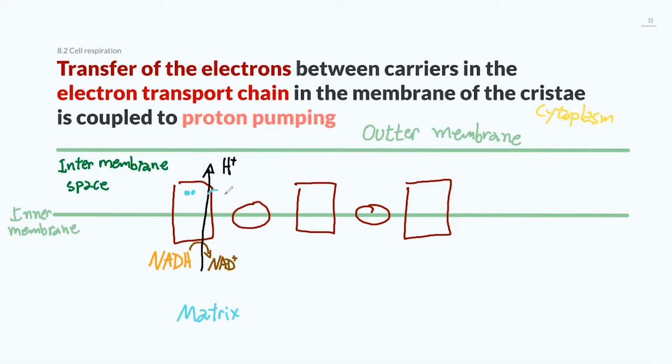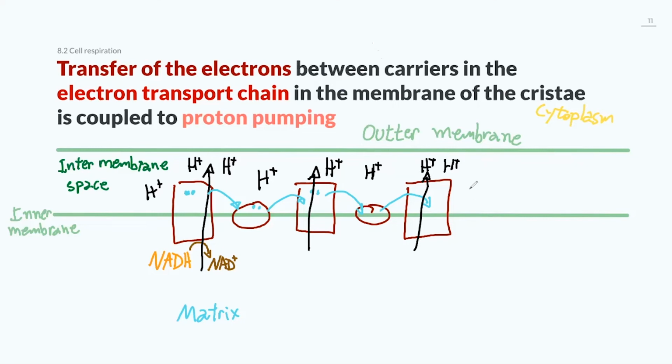These electrons will move to the next molecule and then move to the next protein here, and then keep moving again. Every time it's going to pump more hydrogen. The electron is going to lose energy because this energy is being used to pump hydrogen into the intermembrane space. So the intermembrane space is getting full of hydrogen ions.